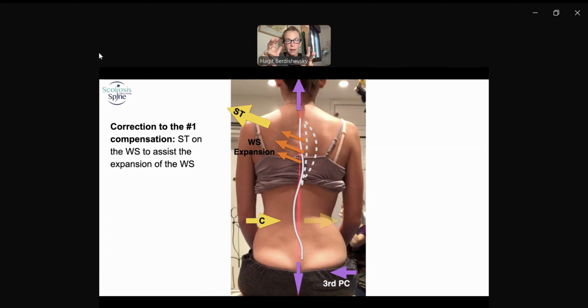Now, to assist, let's begin by saying the patient will emphasize, or we will guide them to emphasize, that their lumbar is the primary curve. They will know to do more lumbar than thoracic.